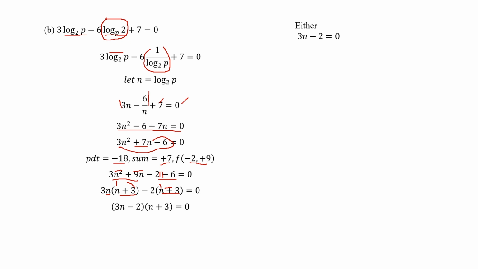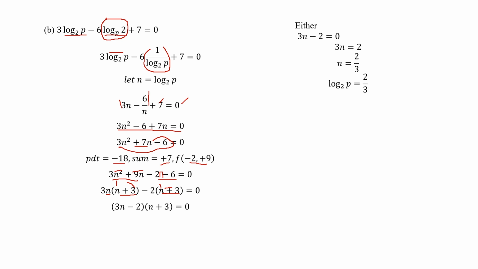Taking the 2 the other side of the equation to become positive, that is 3n is equal to positive 2. Then n will be equal to 2 all over 3 after dividing both sides by 3. Then bringing back the n as log of p base 2 right there.